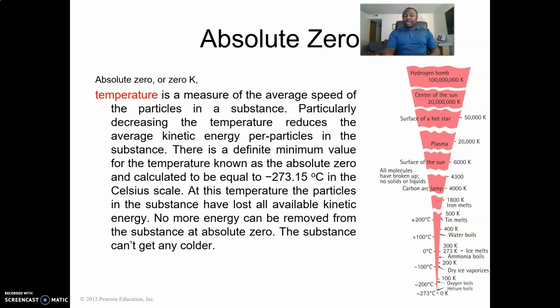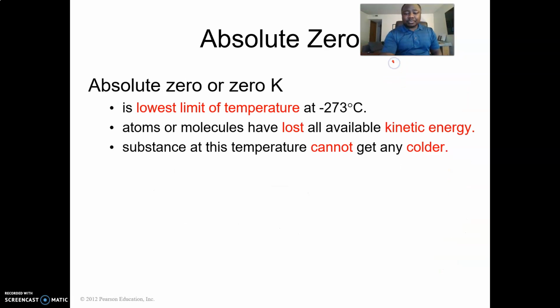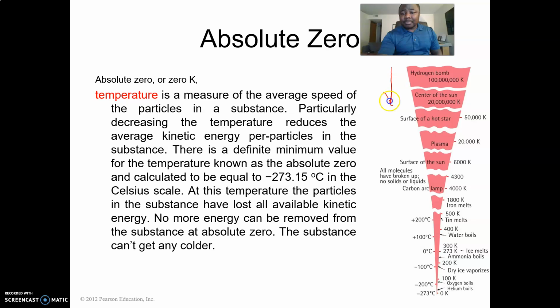If you look at the graph, we can keep decreasing the speed, and it's going to get to a point where these particles no longer vibrate. At that point, there is no translational motion, there is no vibrational motion, there is no rotational motion between these particles.